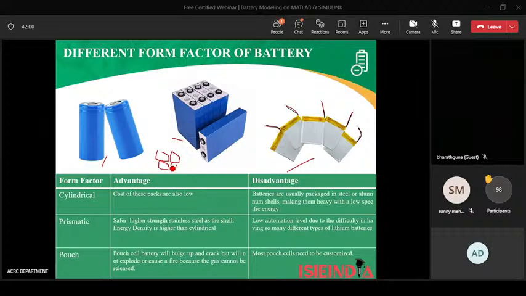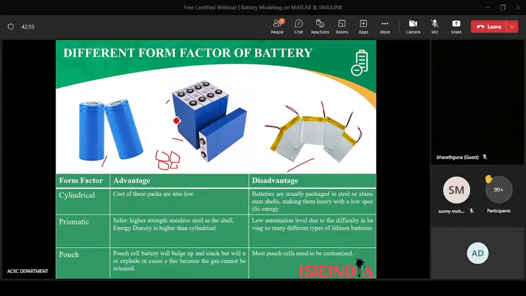This cap can be used for cooling purposes. But there is also a disadvantage: by using the cylindrical configuration we cannot utilize the space fully. There is no proper use of space, and some space is left between them. But in the case of prismatic cells, due to their square or rectangular construction, no space is left behind.